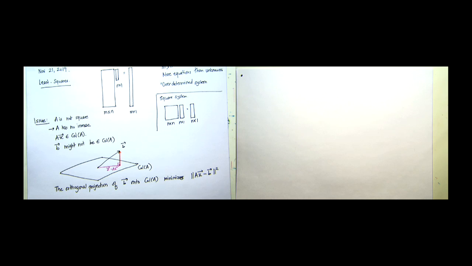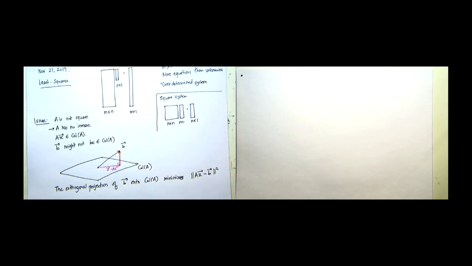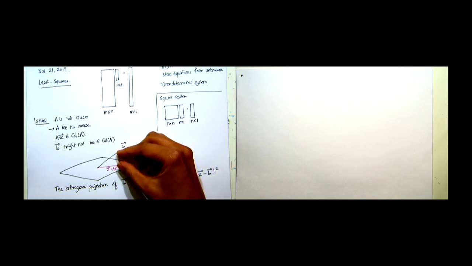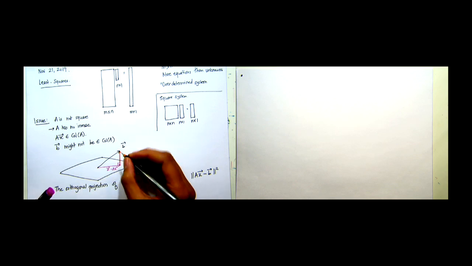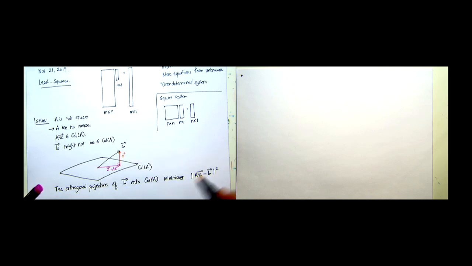Kind of, you can tell. So this vector that goes from this orthogonal projection point all the way up to B, this is the error vector, right? You can call this vector E. And Z plus the error gives me B. So AX minus B is the length of this vector E.